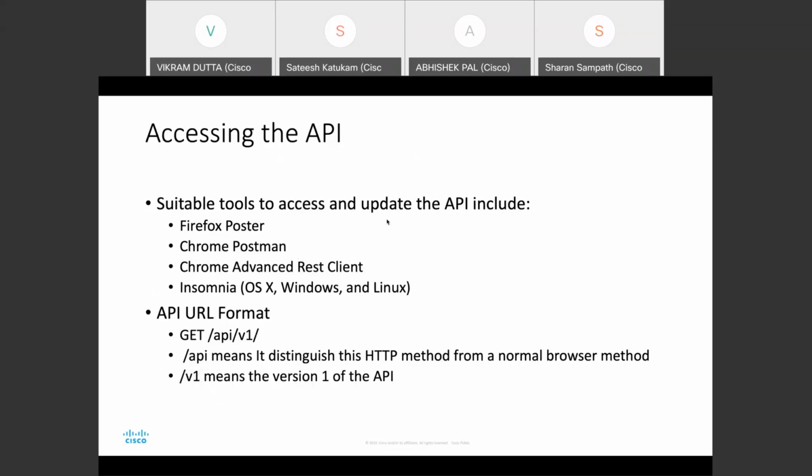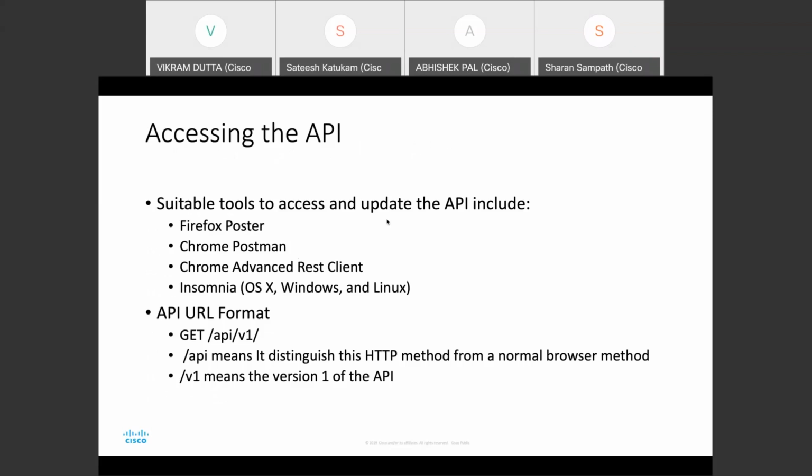Now, API can be used using any API client like Firefox Poster, Chrome Postman, Insomnia, etc. So when you are using any third party client, then you need an API URL which would always have /API/v1 in the URL.